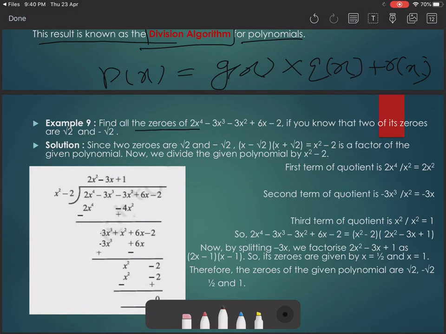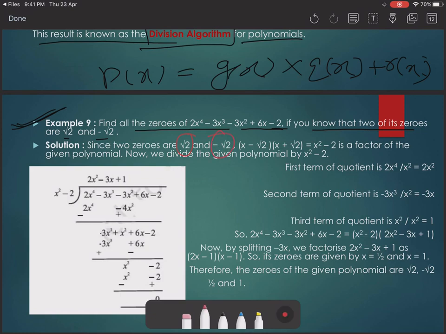Find all zeros of 2x to the power 4 minus 3x cube minus 3x square plus 6x minus 2, if you know that two of its zeros are root 2 and minus root 2. This is a very important question from the exam point of view. Now solution. Two zeros are already given, which are root 2 and minus root 2.